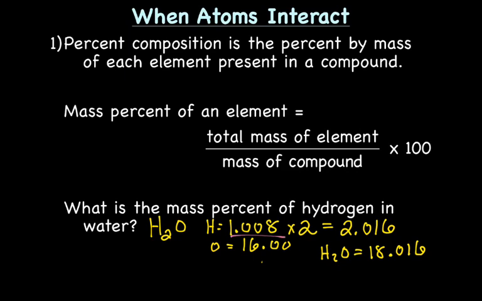We added together this and this, right, to get this. So we look at sig figs. When you're adding, you look at the decimal points. So we're going to end up with 18.02.